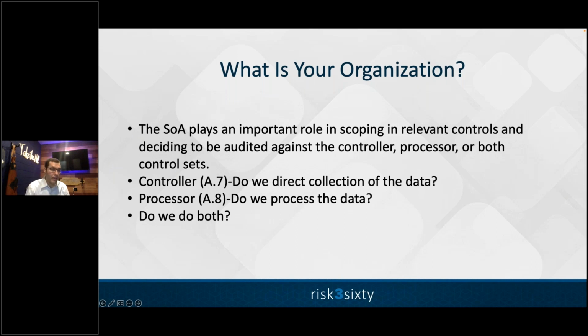You could have significant controller and processor operations that matter to your stakeholders. And that's really, again, the question that you want to answer: who are the interested parties for your privacy program, and what do they want to see in your certification? But you can do both.